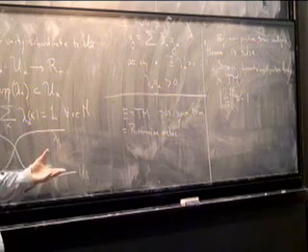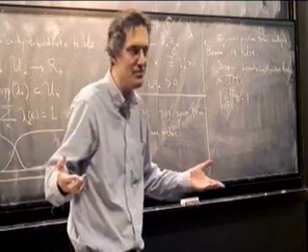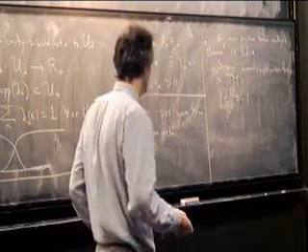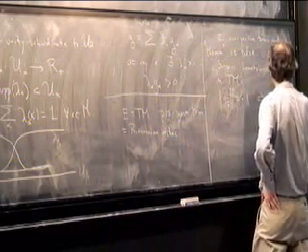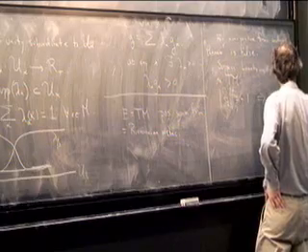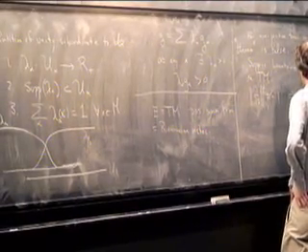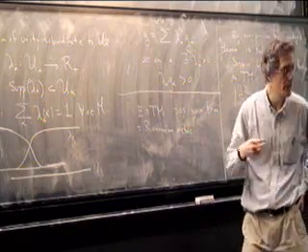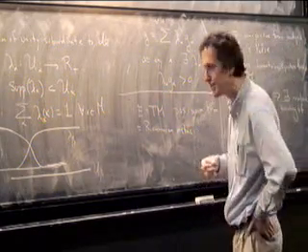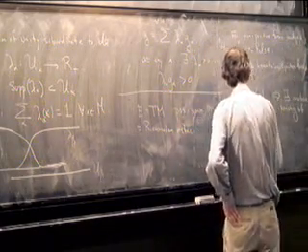Now that would mean we would have a nowhere vanishing vector field. And we know that there's an obstruction for that. The obstruction is the Euler character.